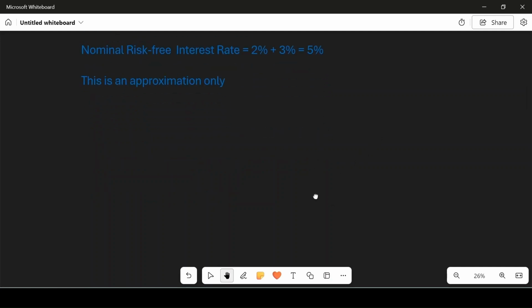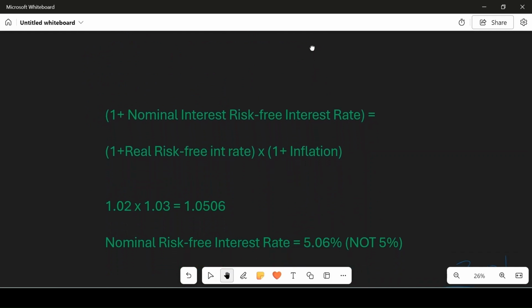The right way to calculate is 1 plus real risk-free interest rate multiplied by 1 plus inflation. So how will it be? 1 plus 0.02, that is the real risk-free interest rate, multiplied by 1.03. It gives us 1.0506. Here the nominal risk-free interest rate is 5.06%, not 5%.